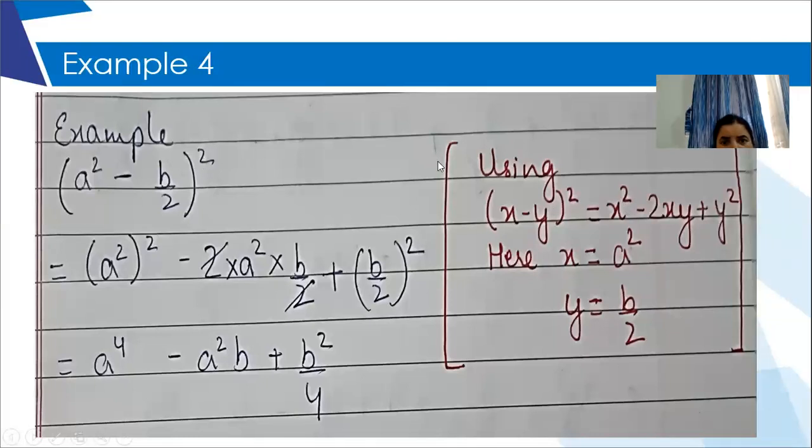Outside square is this square only, no? If you try to fit this in one of your identities, this a square will go and sit on x, minus will go and sit on minus, b by 2 will go and sit on y, and square will go and sit on square.